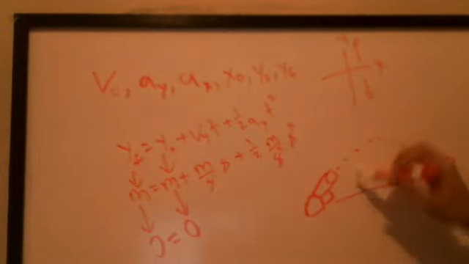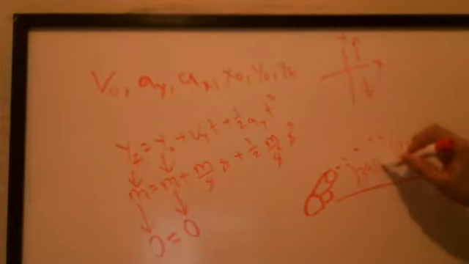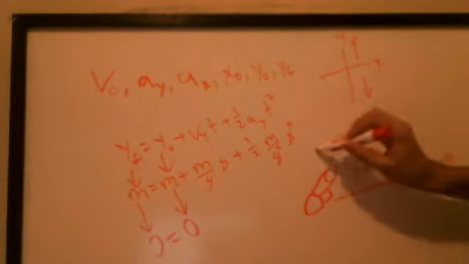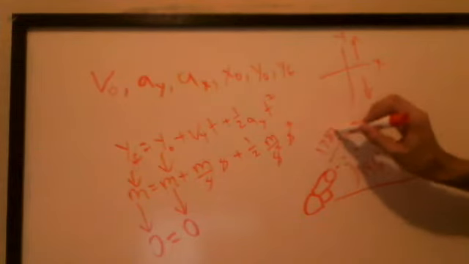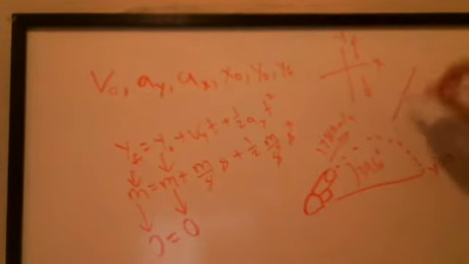Well, since this is at an angle of 39.6 degrees, and you know how fast it's going initially, all you have to do now is draw a triangle and use your trig.